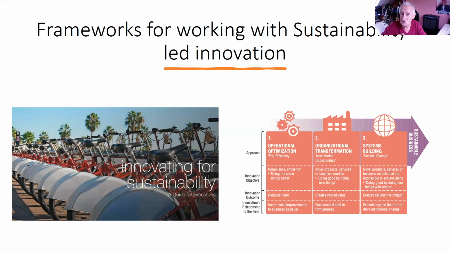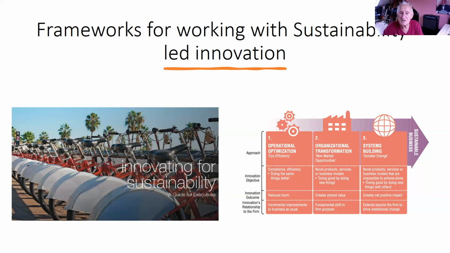The second zone, organizational transformation, is this thing we see a lot of now in consulting reports, the new opportunities, the green dollar, the green pound, the opportunity to offer new things to the world, which are actually great business ideas as well. So this is doing something different. It's doing good by doing new things, new products, new services, and of course, hugely new business models.